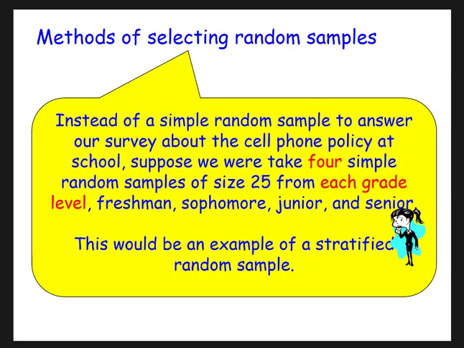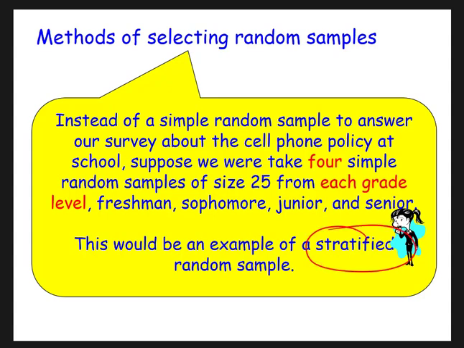So now, methods of selecting random samples, not simple random samples. Instead of a simple random sample to answer a survey about the cell phone policy, suppose we take 4 simple random samples of size 25 from each grade level: freshman, sophomore, junior, senior. This is called a stratified random sample.